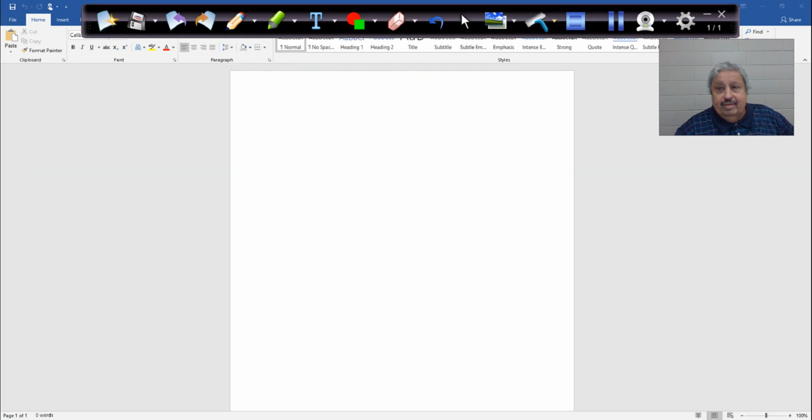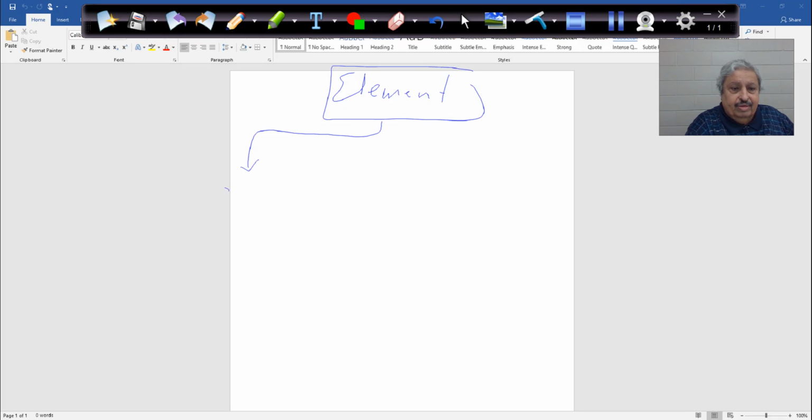So now we are looking, one at a time here. We have element, and we said the element is made of a small tiny unit called atom.